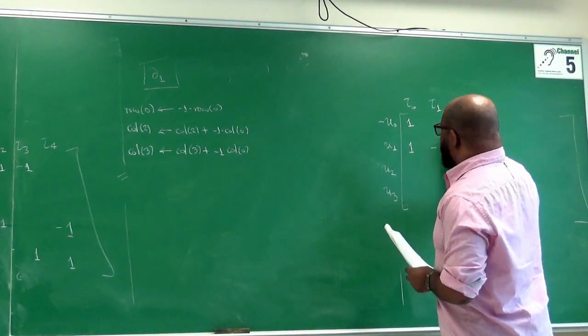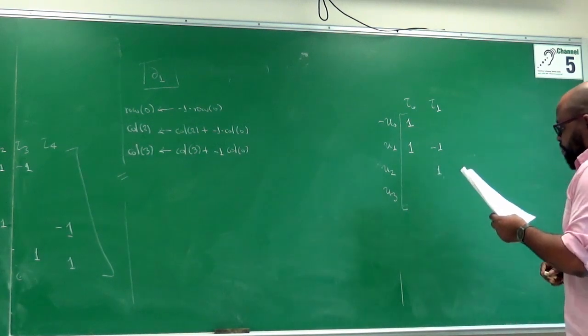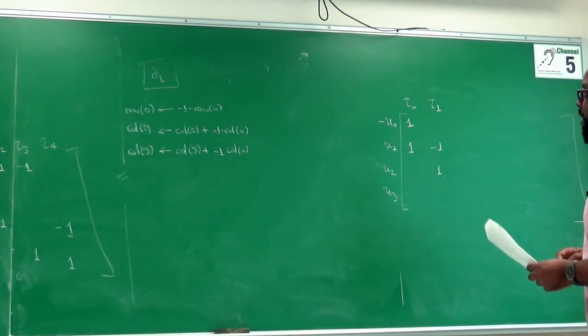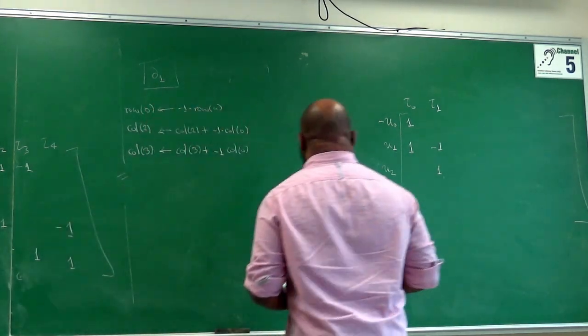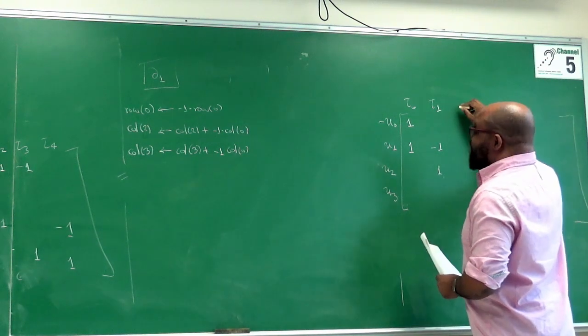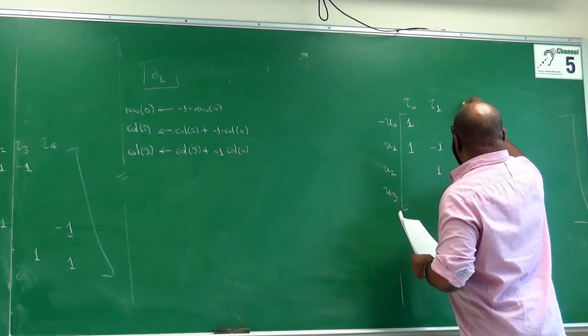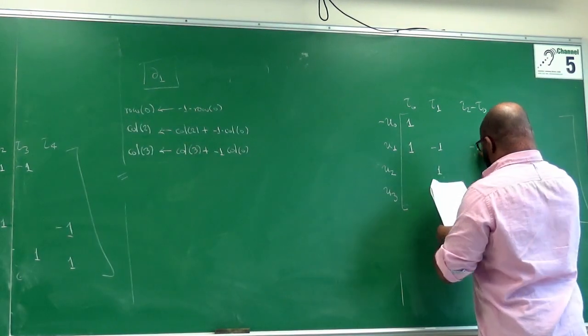So minus 1, 1. And then when I remove these guys, then the basis that I get, you get here tau 2 minus tau 0, minus 1, 1.